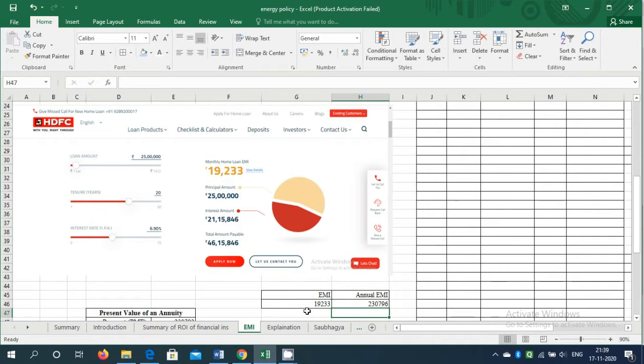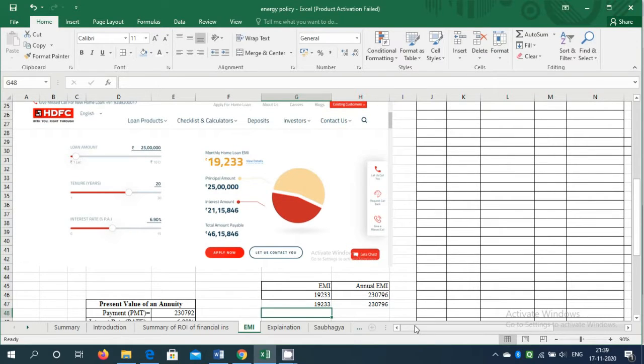Suppose let us take it this way. I am writing 19,233, and it is coming as G47, G and 47 being the row number, multiplied by 12. Here also the same amount is coming.